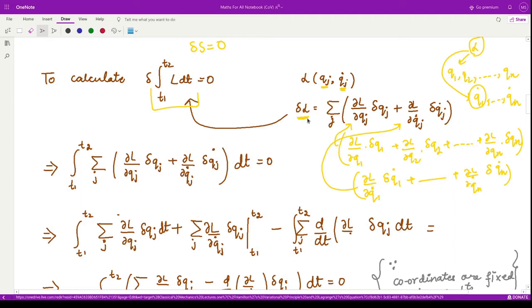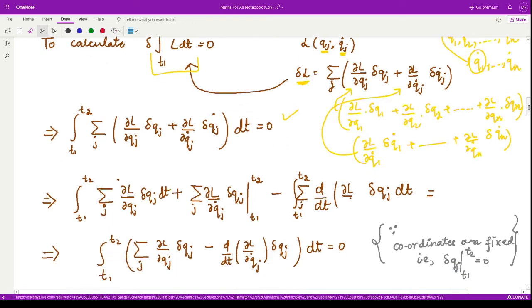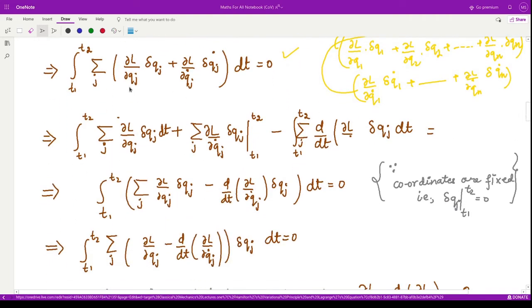So let us substitute this value of variation over here. So we have this expression, right? Now we can separate the terms. The first term comes here as such. For the second term, we can integrate it term by term because there is this variation of the generalized velocities, and we want to get rid of this dot, so we have to integrate it.